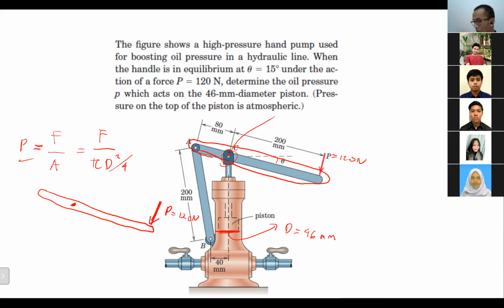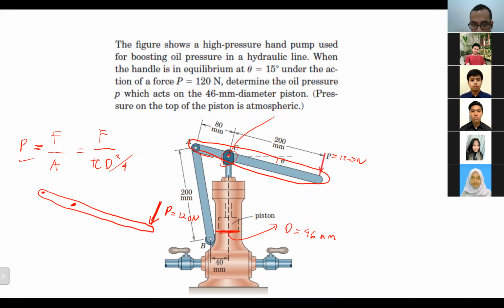I put 120 Newton there. Okay, Johan, would you mind helping me solve this problem? At point C and at point A, what kind of force are they supposed to give there?